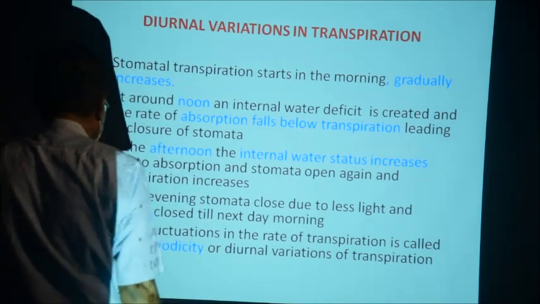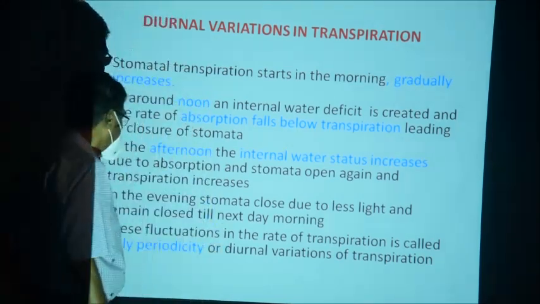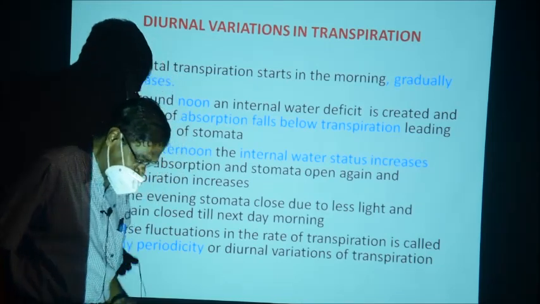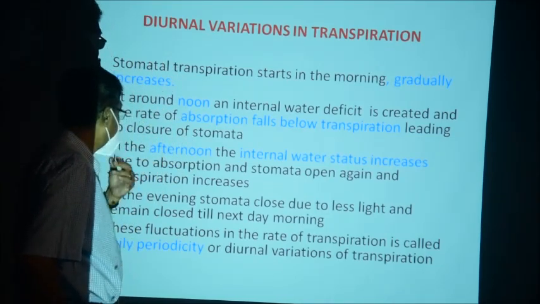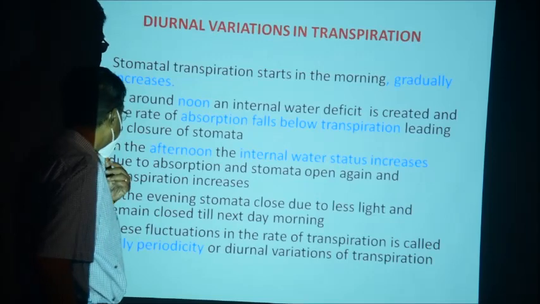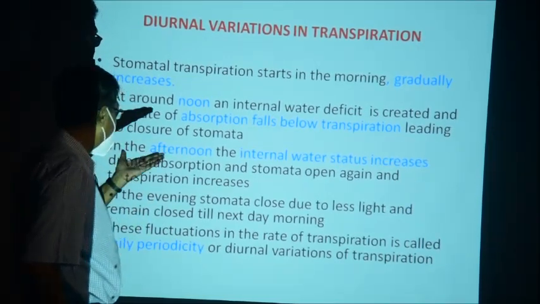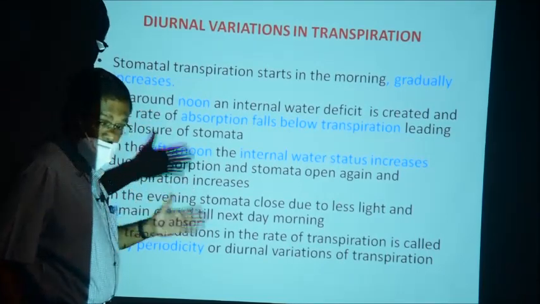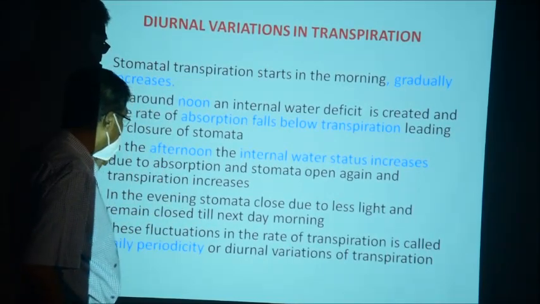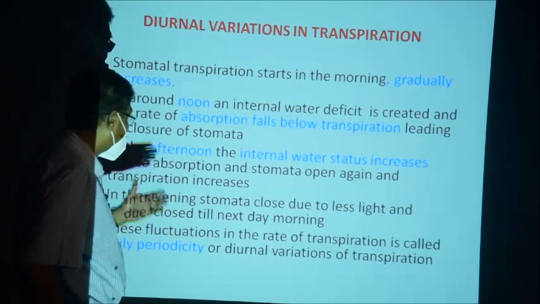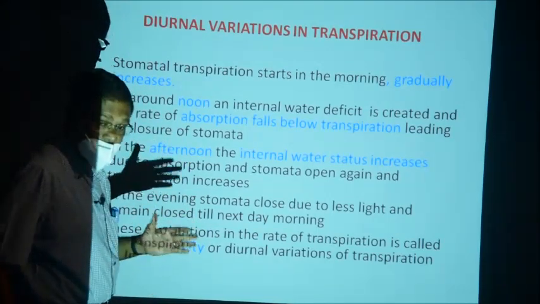Now, diurnal variation. Diurnal means variation in transpiration during night and day. Stomatal transpiration starts in the morning and gradually increases. We have seen earlier as an objection to the starch sugar hypothesis that during the daytime at midday the stomata are closed.